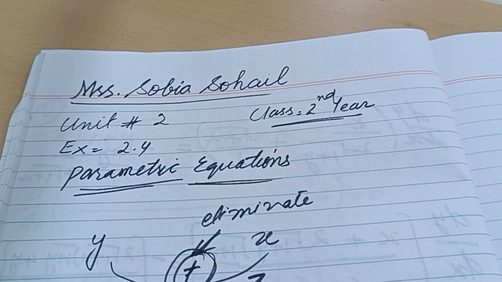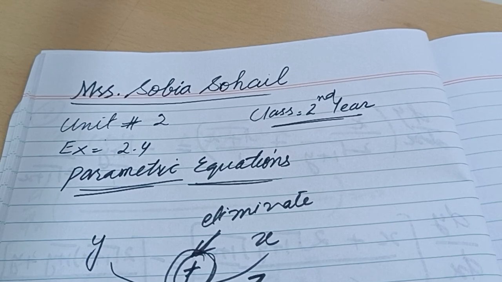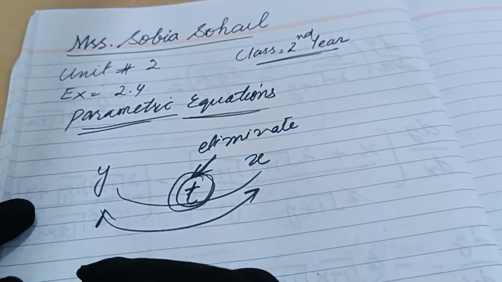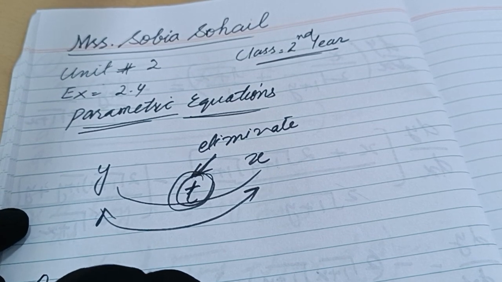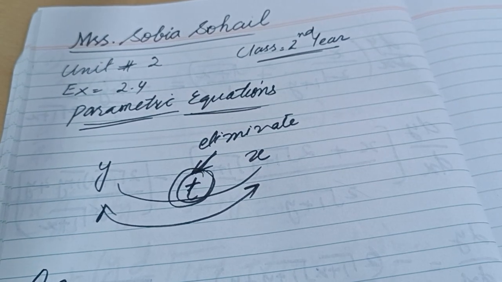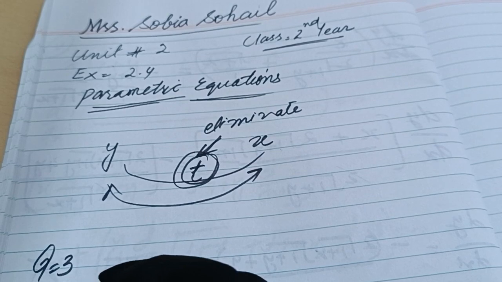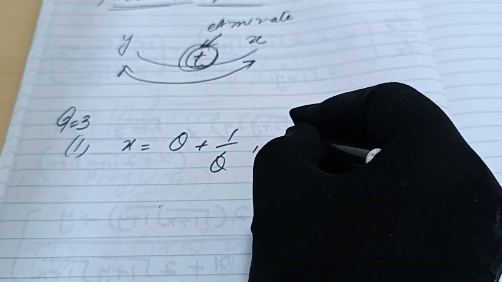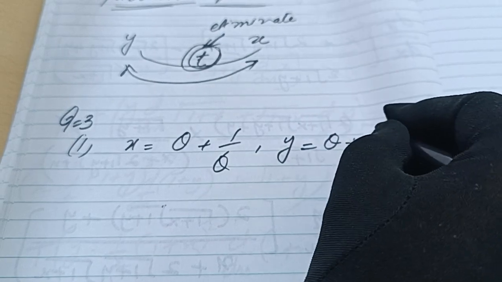In this one we will solve the parametric equations by the chain rule. In this book, the question relevant to this topic is question number 3, first part: x is equal to theta plus 1 over theta and y is equal to theta plus 1.